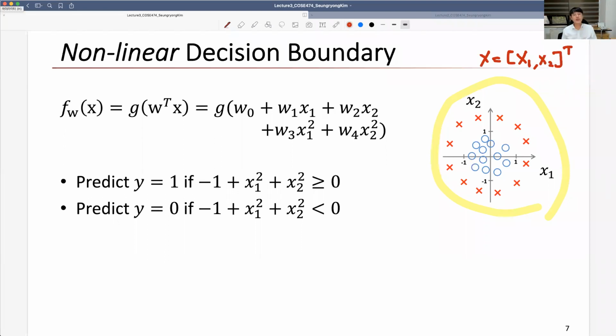Then we want to classify these two sets of samples using the classification algorithm. How can you do that? Then another question is, what is the optimal decision boundary of this case?